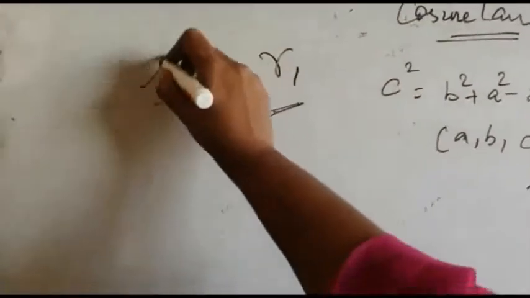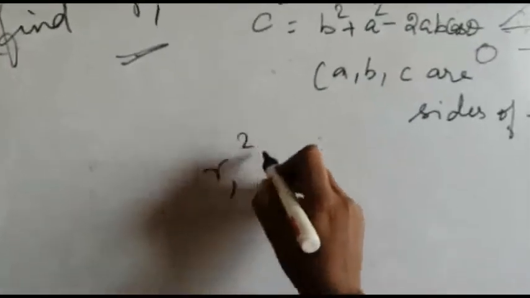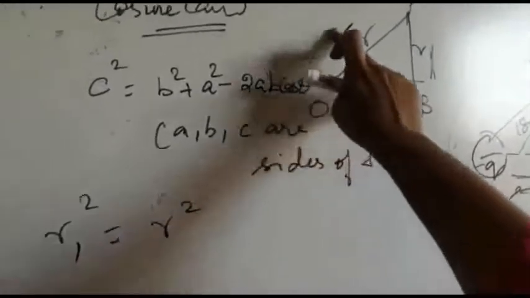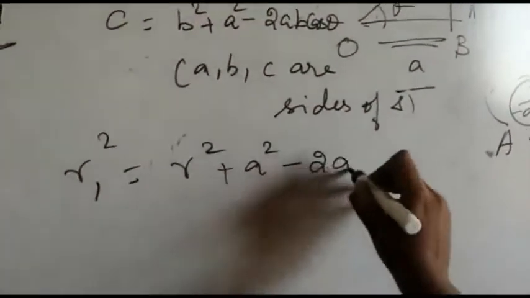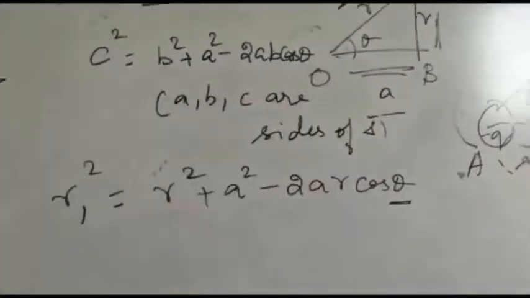So when you substitute, to find R1: R1 square is equal to R square plus A square minus 2AR cos theta. Here the angle is theta.